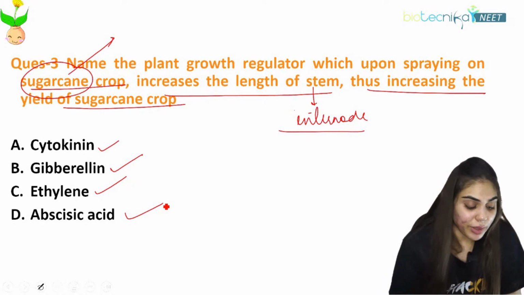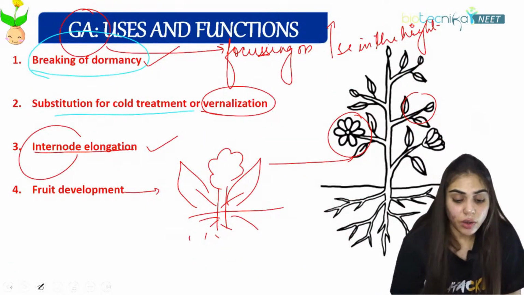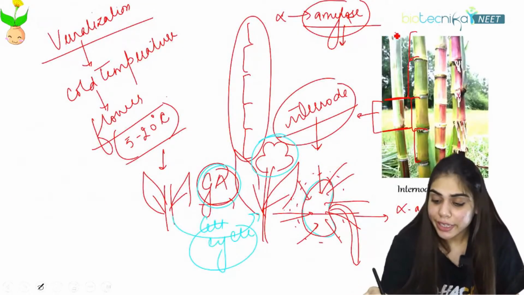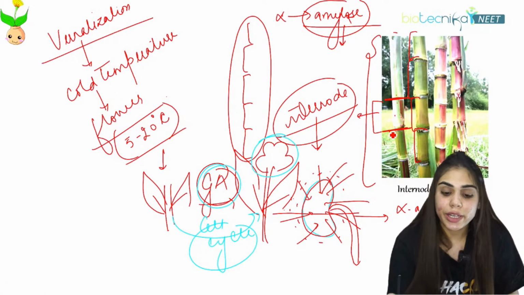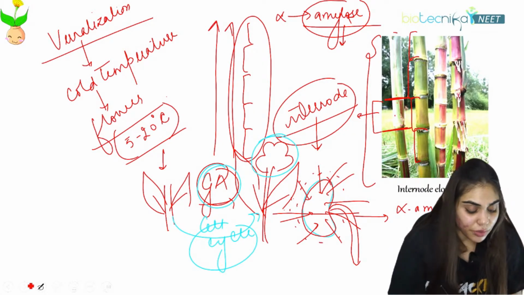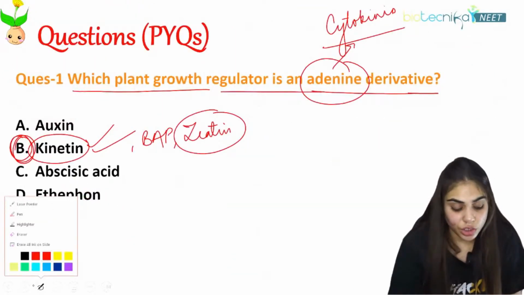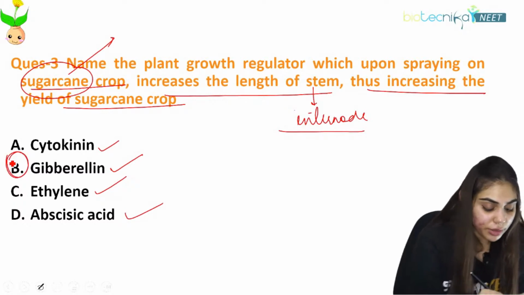So this is gibberellin, because when we spray gibberellin on the sugarcane crop, it causes the internodes to elongate, and this way it helps the height of the plant to increase. So the right answer for this question is gibberellin, option B.